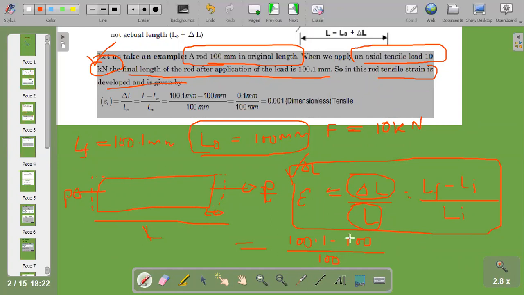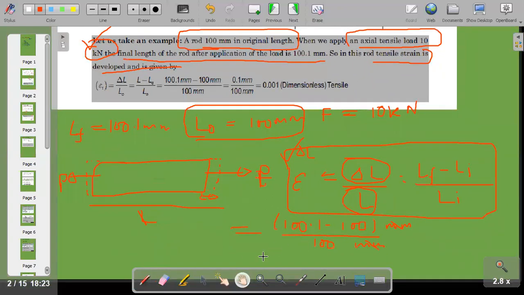Both numerator and denominator are in mm, so no need to change to meter. What is the value? 0.1 divided by 100, it is 10 to the power minus 3. It is dimensionless. This is the strain developed.